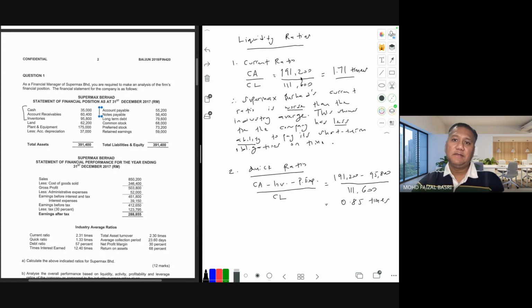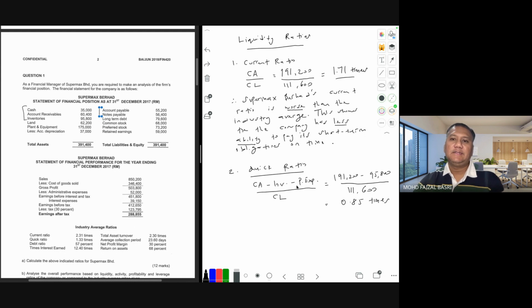Similar to the current ratio, Supermax Berhad's quick ratio is also worse as compared to the industry average. The industry average is 1.33, while it is 0.85. So you can add: Supermax Berhad's quick ratio is worse compared to the industry average.